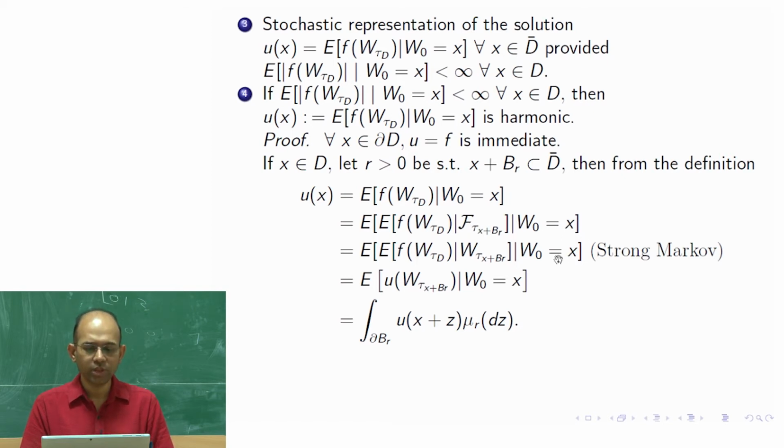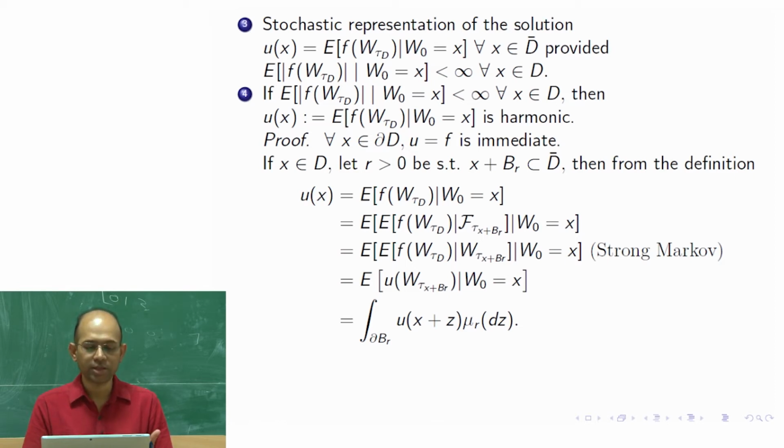Now we use the strong Markov property of Brownian motion. What is the strong Markov property? The conditional distribution of the future given past and present, where the present is a stopping time, is the same as the conditional distribution of the future given just the present.